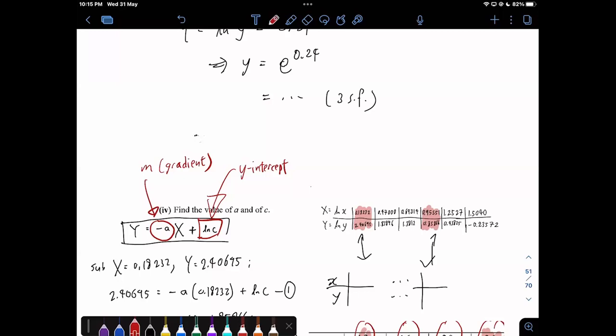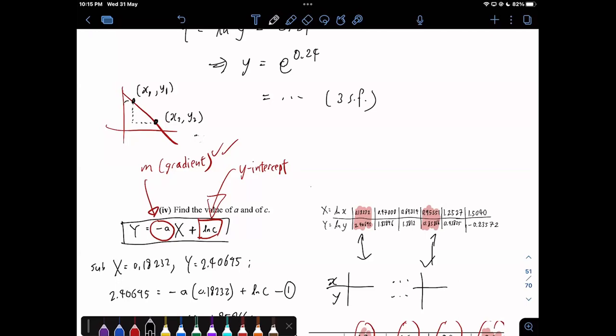How do we find it? Let's say the gradient. Graph question, how to find gradient? For point x1, y1, what do you do next? You need another point, right? x2, y2.